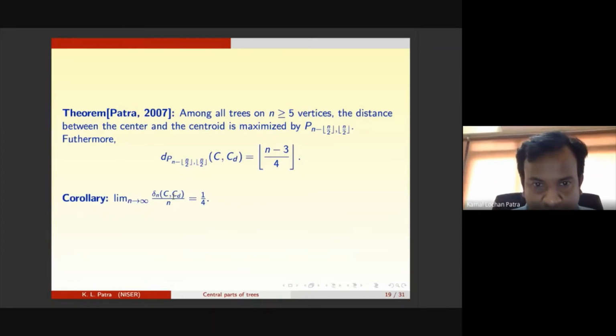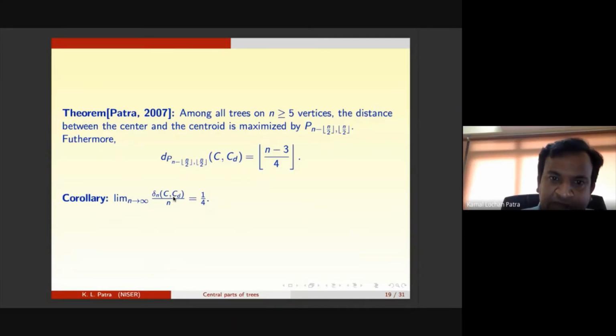But when it comes to measuring the distance between center and characteristic set, or centroid and characteristic set, the question becomes a little trickier. For center and centroid, it is somehow easier to study their movement in any protrusion of a tree to get a new tree.